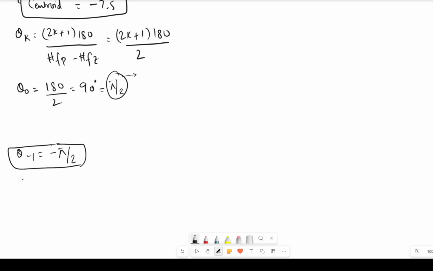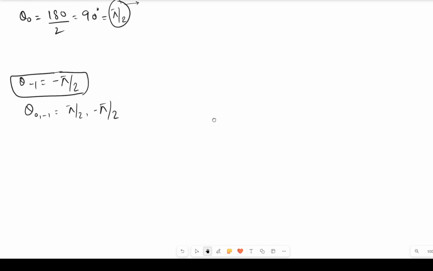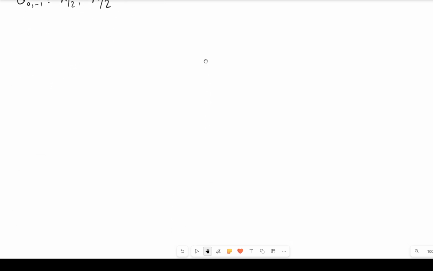So my angles of asymptote, theta 0 and theta minus 1, are pi by 2 and minus pi by 2. And the angle of asymptote basically means the angles at which my poles will go.